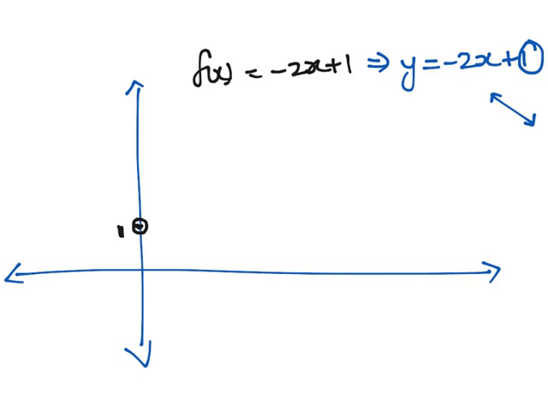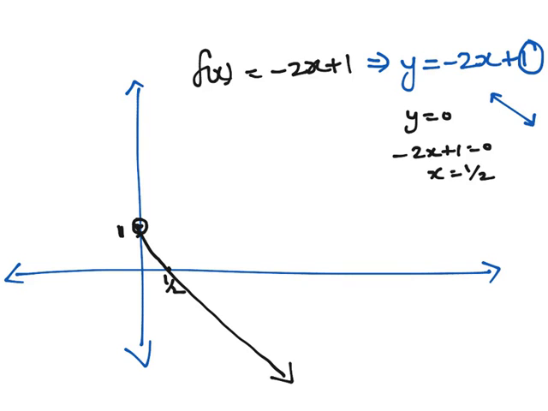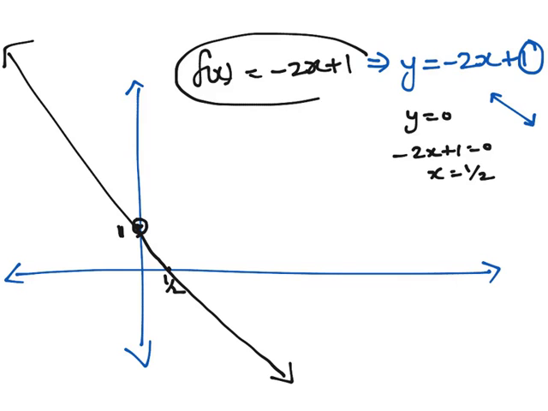And when y is 0, I get minus 2x plus 1 is 0, so x will be half. That means it will also pass through this point, x is half. So this is how the line will look. As you can see, this is a decreasing function. So f of x equal to minus 2x plus 1 is a decreasing function throughout.